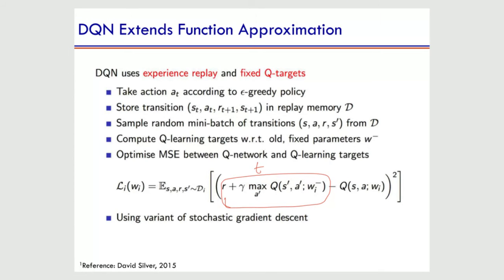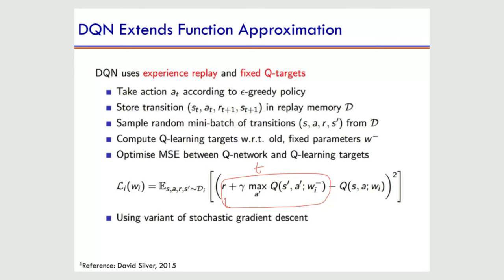The terminology target has been there from before. We have been using temporal difference, the target minus the previous Q values, the temporal difference error, and so on. But that instability comes from this nonlinearity and this target value changing.